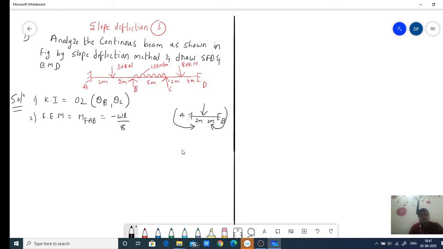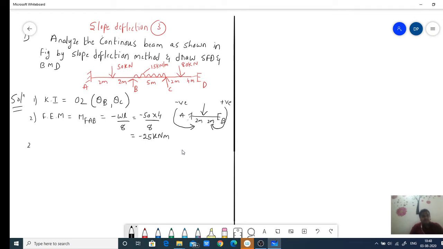By sign convention, anti-clockwise is minus and clockwise is positive. So here this comes out to be minus WL by 8. W is 50 into L is 4 upon 8, so this turns out to be 25 kilonewton meter. So the first value is minus 25 kilonewton meter.